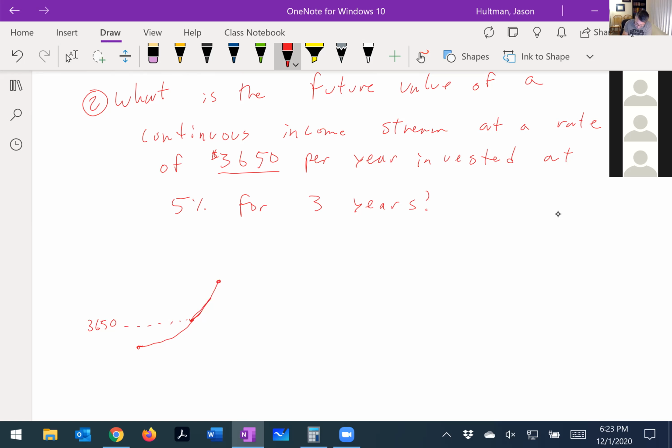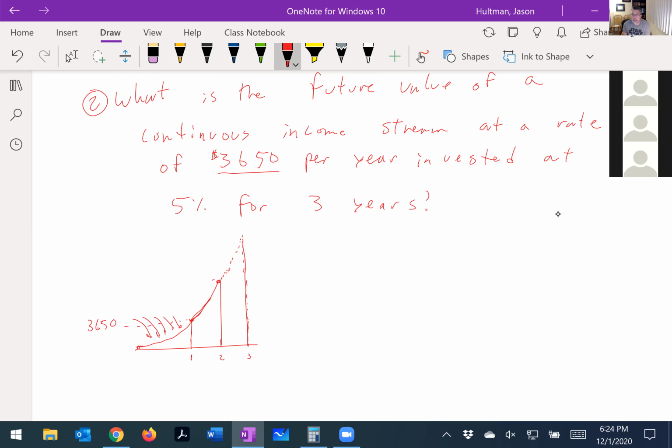Okay, so this is another $3,650 put in, so this is year 1. This is year 2. And then it continuously goes in up until year 3. Now, I'm continuously dropping in money, right?